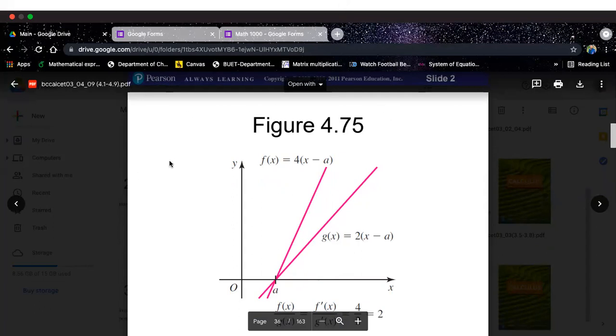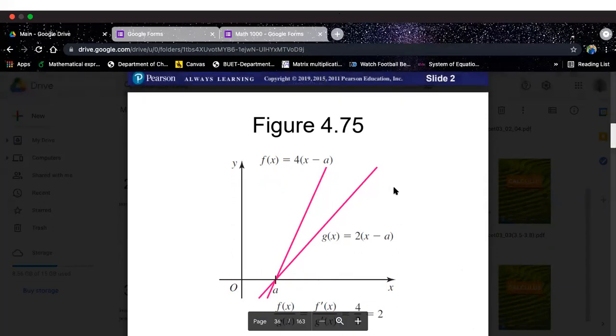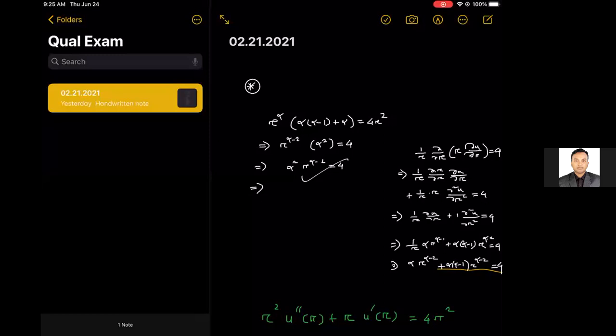Let's see. What happened? Now can you see the screen of my iPad? Yeah, I think so.